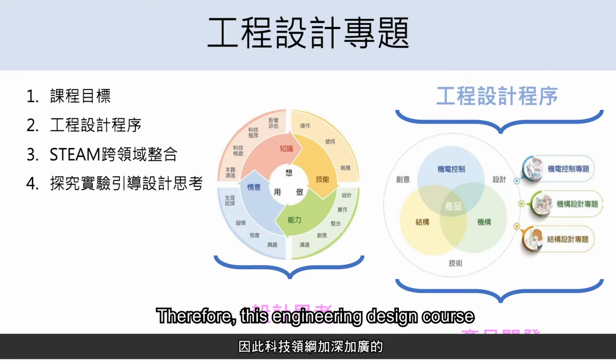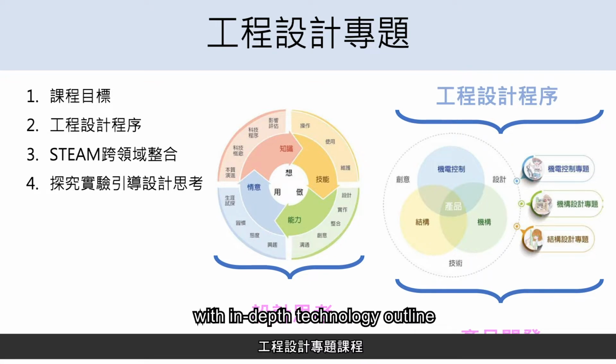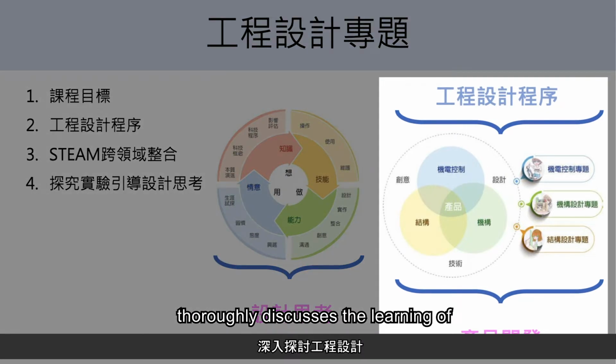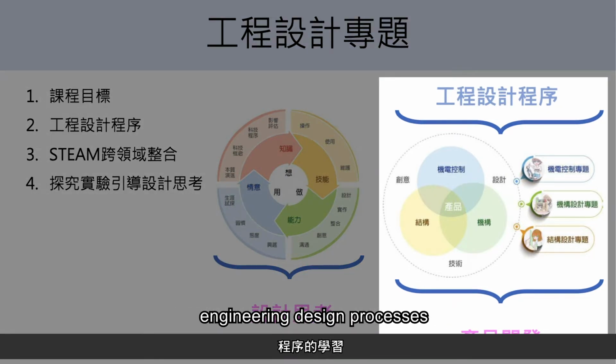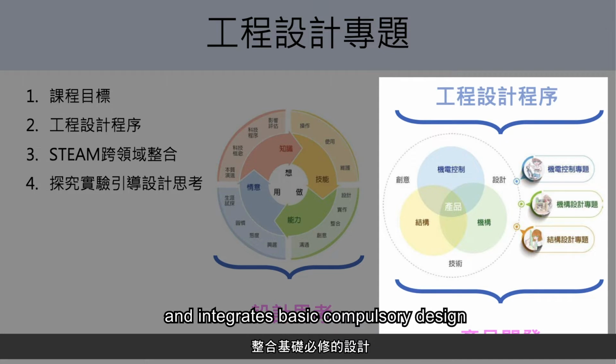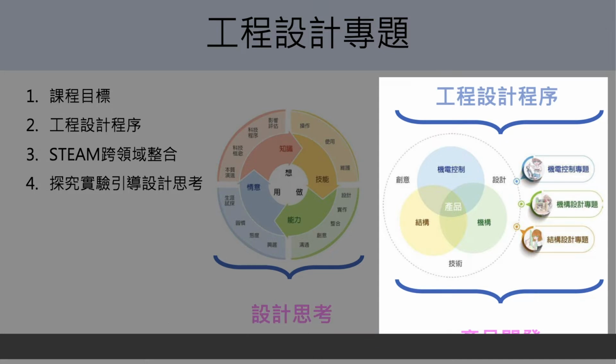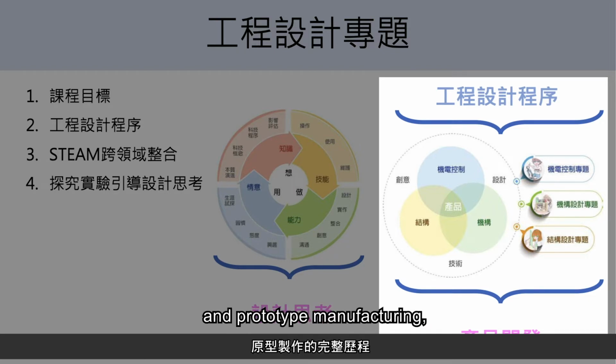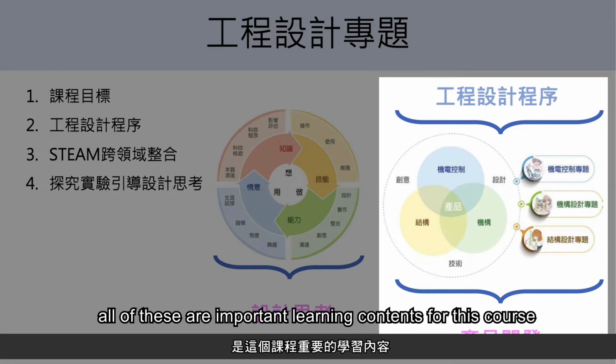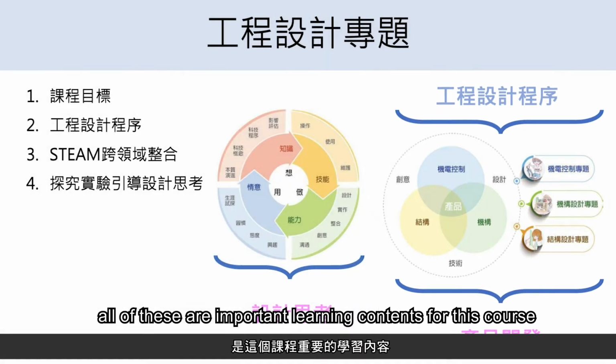Therefore, this engineering design course, with in-depth technology outline, thoroughly discusses the learning of engineering design processes and integrates basic compulsory design manufacturing capabilities with a complete course on practical experience in product development, testing and assessment, and prototype manufacturing. All of these are important learning contents of the course.